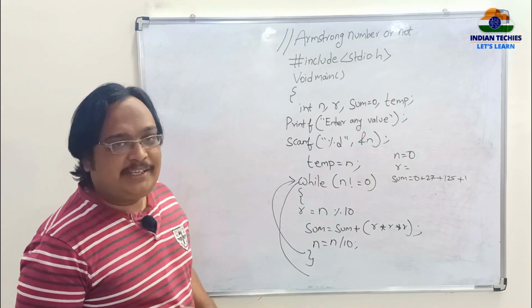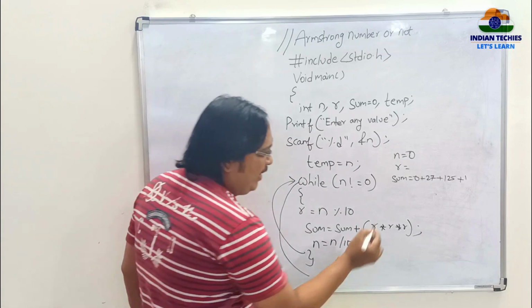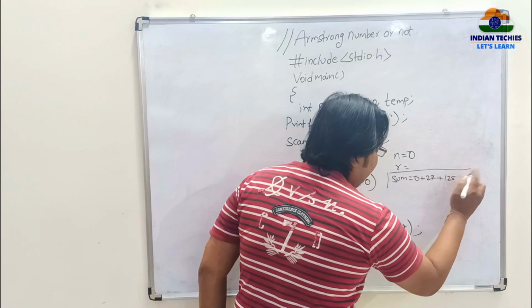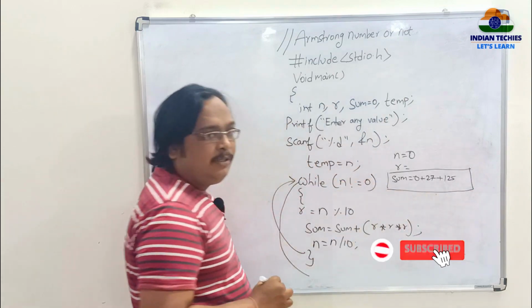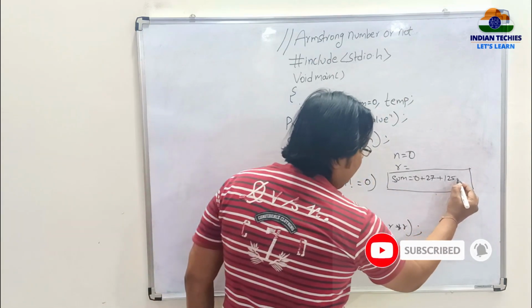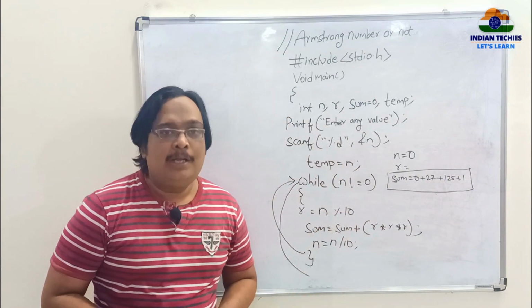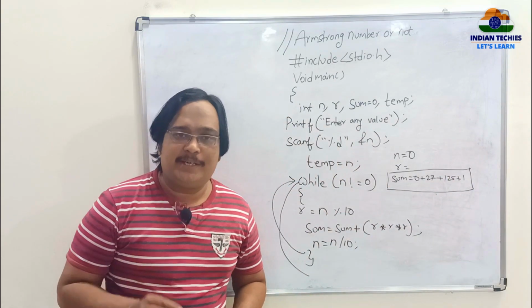Right? Now till here we find the final calculated value, which is in sum. Plus 1 is there now. Now how do you say a given number is Armstrong?